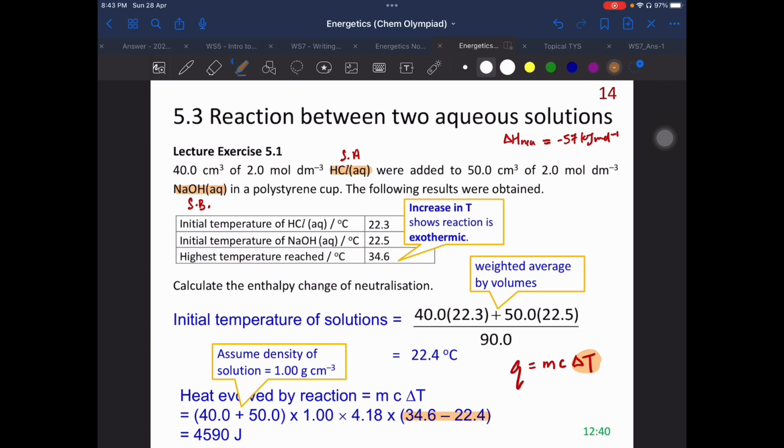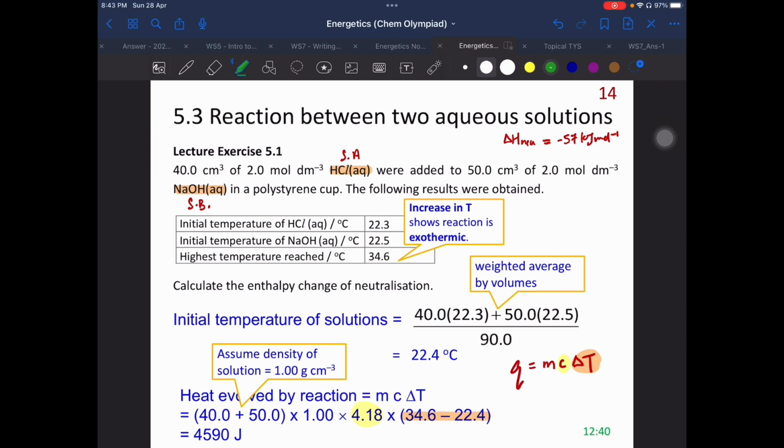Then the specific heat capacity. Because we are using something that's mainly a solution by itself, a solution would comprise mainly of water, because water is used to dissolve the solids inside. So for this C, specific heat capacity, we can actually take the value of the specific heat capacity of water, which is 4.18. This allows us to do that calculation.